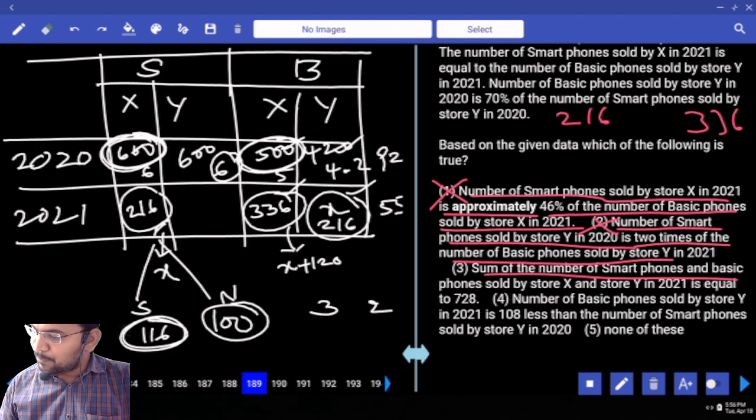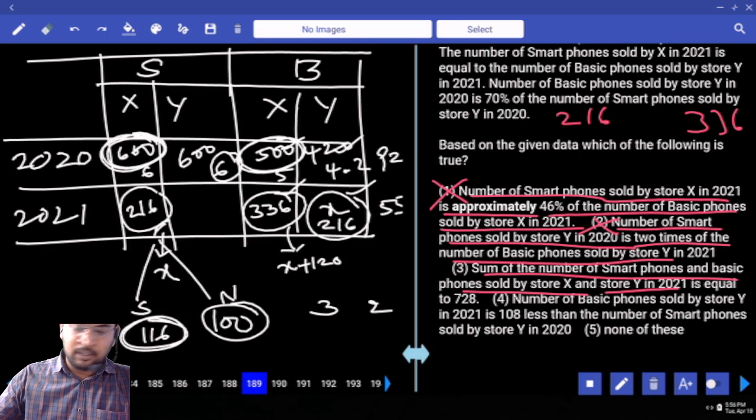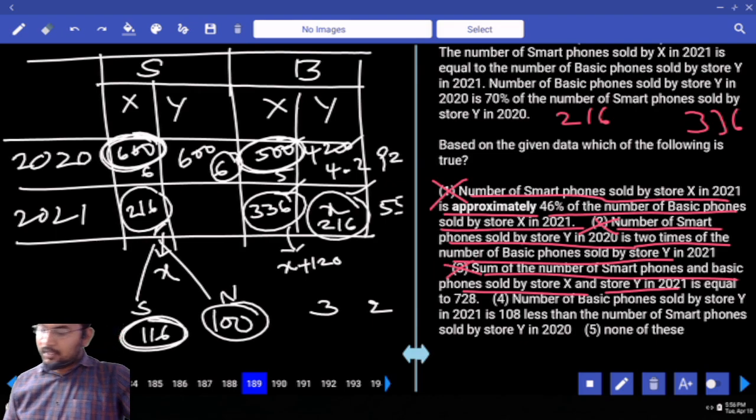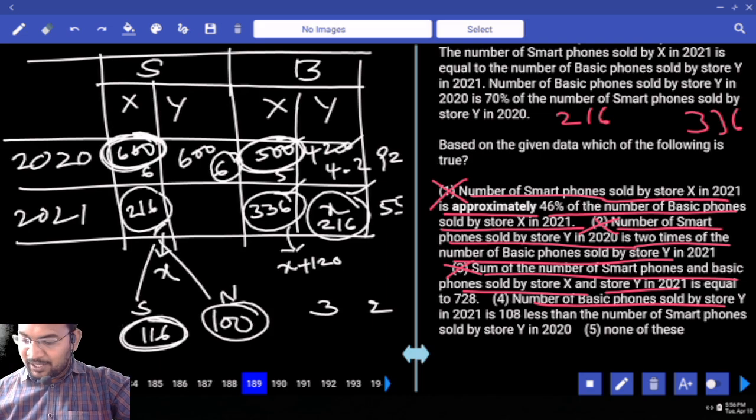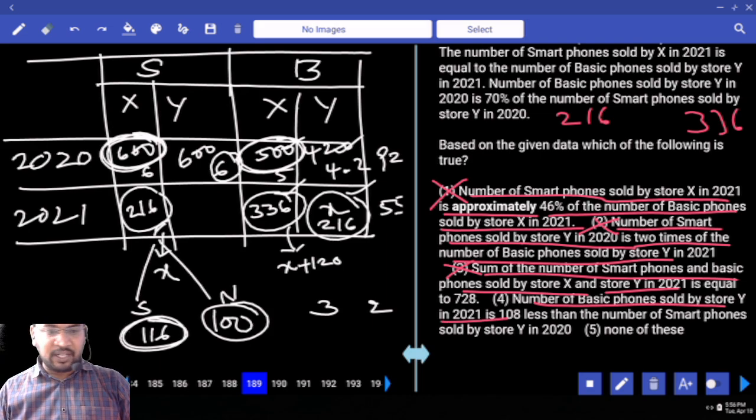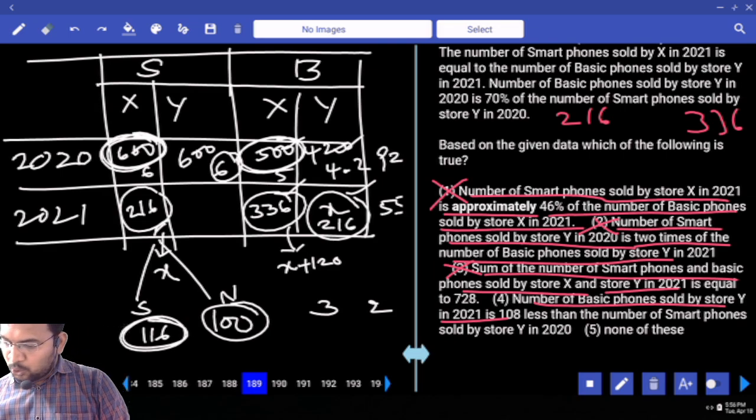Sum of the number of smartphones and basic phones sold by store X and store Y in 2021. Basic plus smartphones, store X and store Y in 2021. First of all, we don't know this data. Is it possible to say the answer? No. Next, the number of basic phones sold by store Y in 2021 is 216.